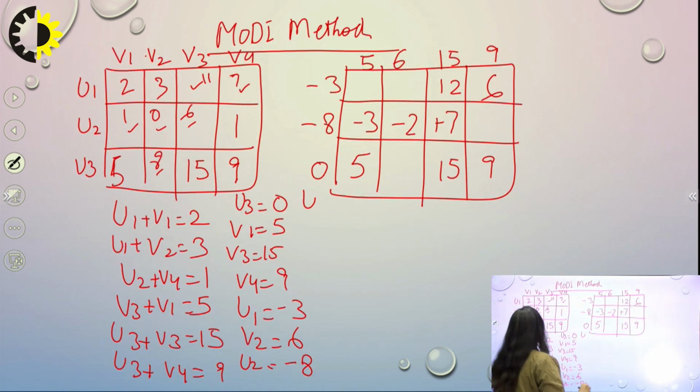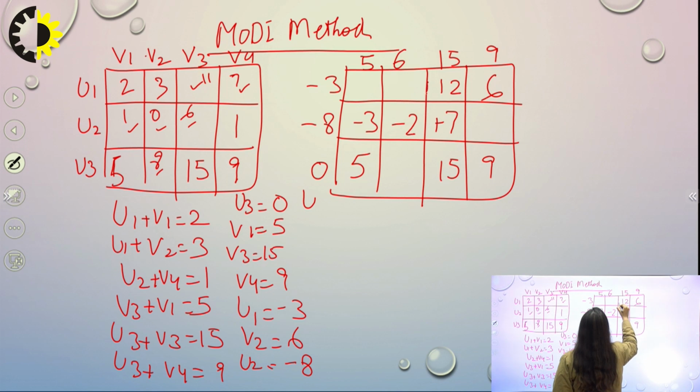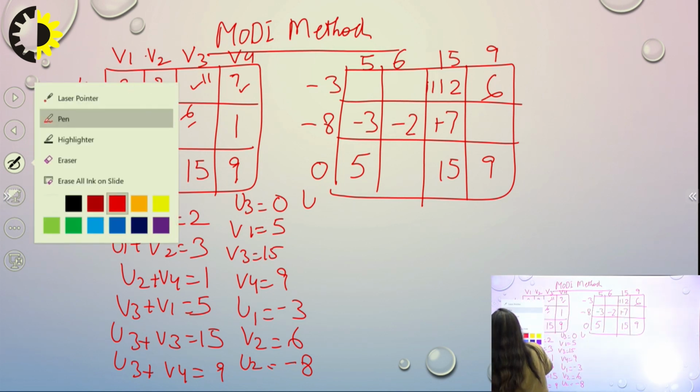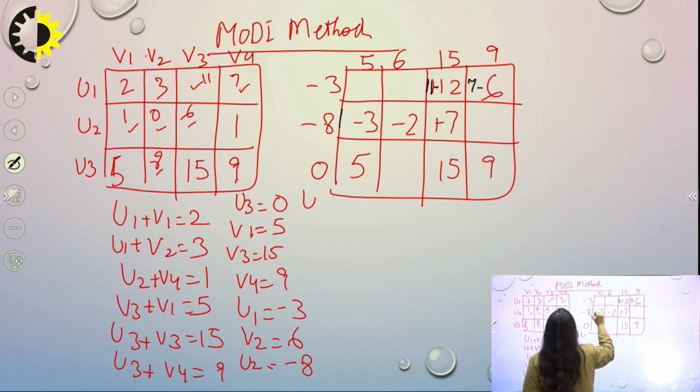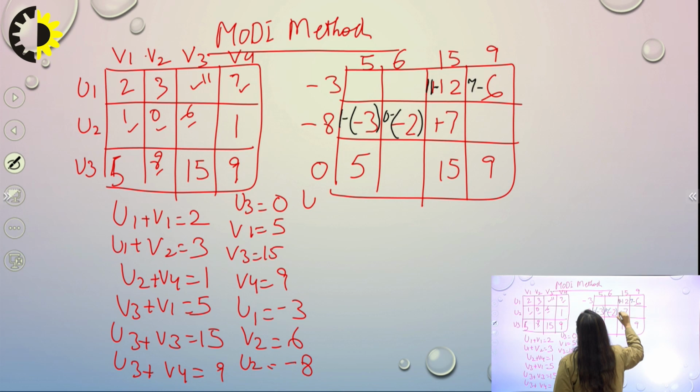Fine. So, I will subtract: 11 minus this, let me take another color for the pen. That will be 11 minus this, 7 minus this, 1 minus this, 0 minus 2 and 6 minus 7.